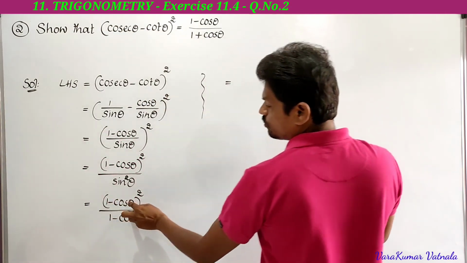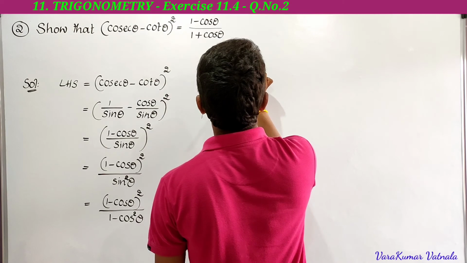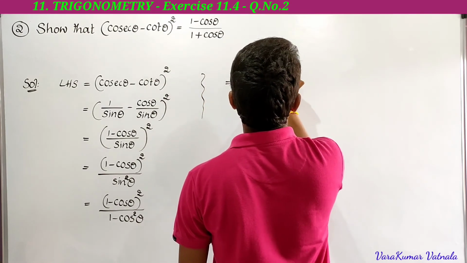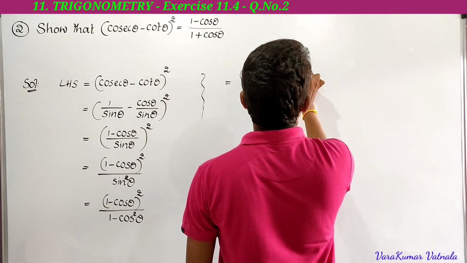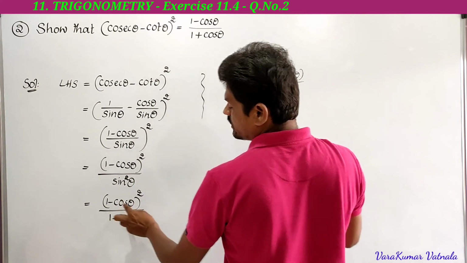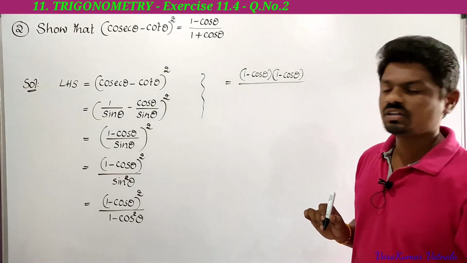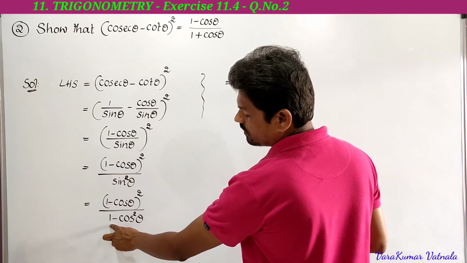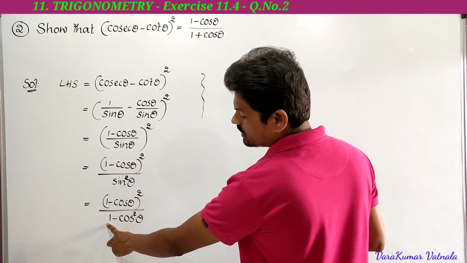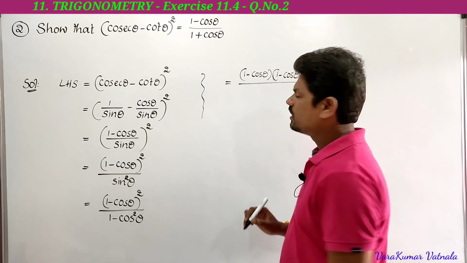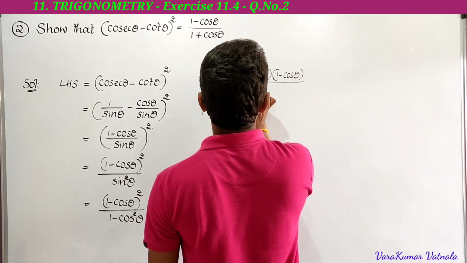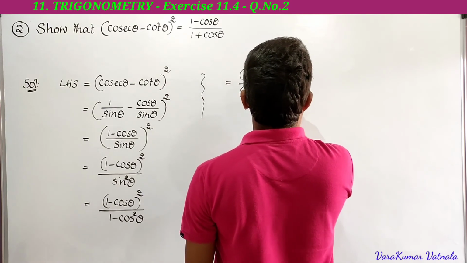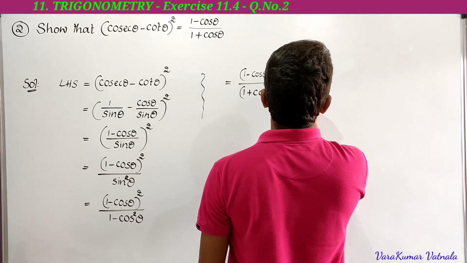The numerator (1 minus cos theta) whole square I am writing as (1 minus cos theta) into (1 minus cos theta), since it has a square. In the denominator, think that 1 can be written as 1 square, so it is in the form a square minus b square. a square minus b square can be written as (a plus b) into (a minus b). So a plus b is 1 plus cos theta, into a minus b is 1 minus cos theta.